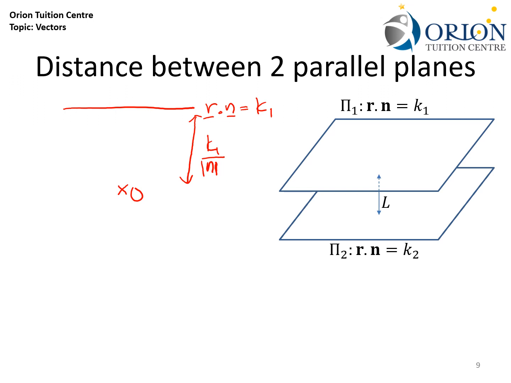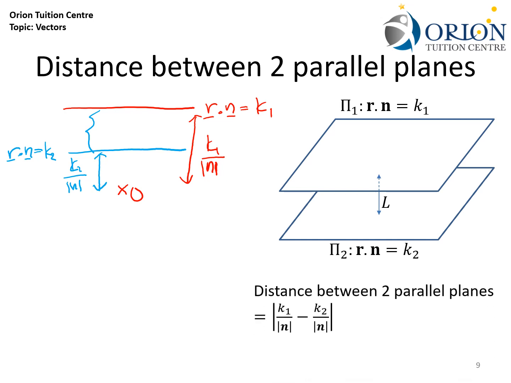If now I introduce a second plane over here, such that it is r dot n equals k2, its distance to the origin will be k2 over mod n. Therefore, the distance between the two planes should be just the difference between their respective distances with the origin. And thus, we can say that the distance between two parallel planes is this: k1 over mod n minus k2 over mod n, and we put a big pair of modulus outside to make sure it is positive.